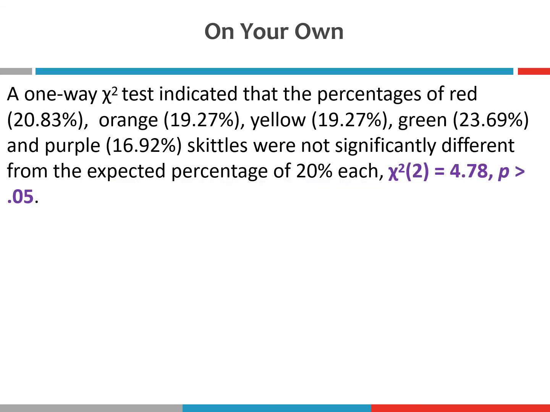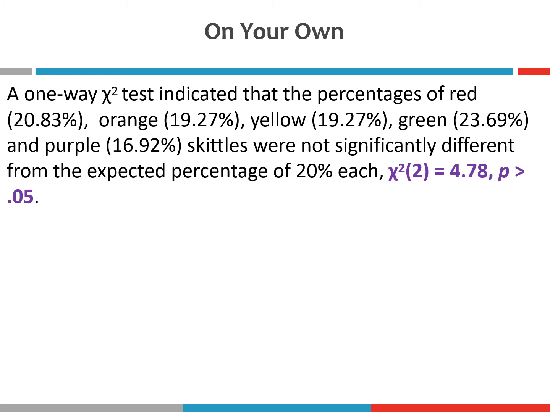Okay, so now we have to decide whether we reject or retain the null hypothesis, right? Our critical value was 9.49, which is bigger than our obtained value of 4.78. So therefore we retain the null hypothesis.